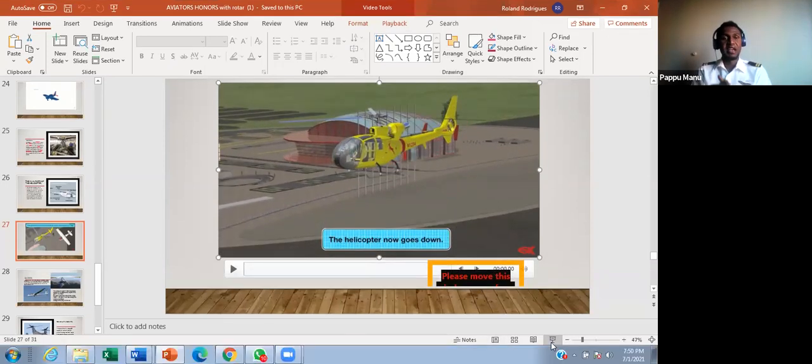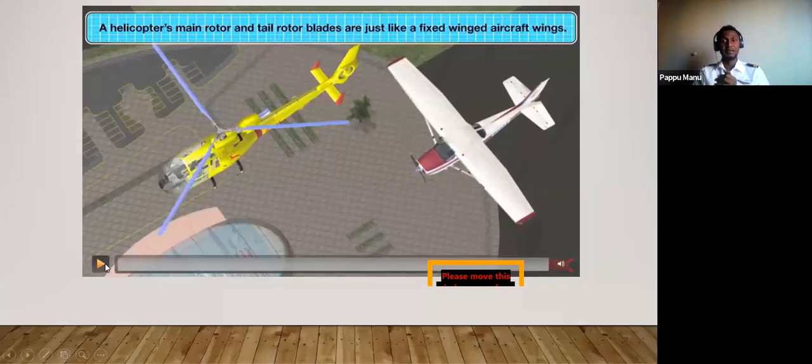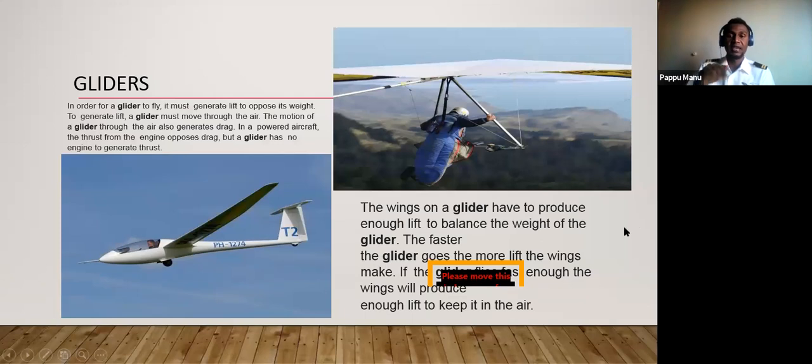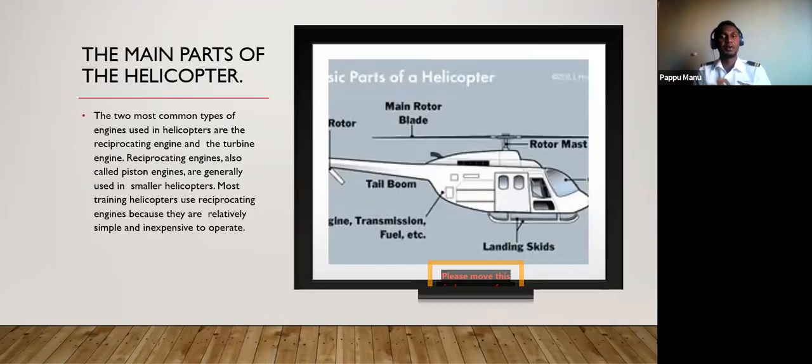It will have something to control the lift, something to control coming down, climbing and descending, and it will have another control on the tail rotors to go left or right. Like how we have the rudders in the aircraft, we have the tail rotor to help it go left or right, and they have the same function. The angle of the blade turns to make it go left or right.